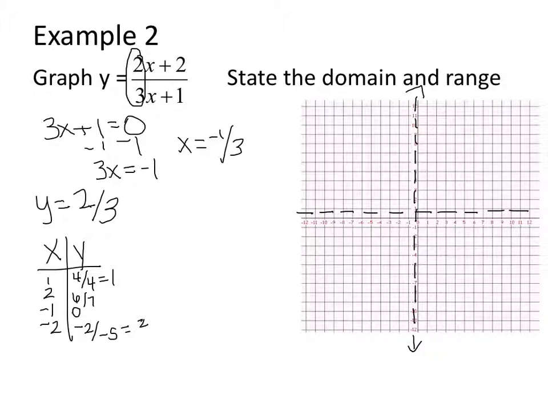Now we're going to graph those points. 1, 1 is barely above the asymptote. Then 2, 6/7 is right above the line, so it looks like this. It almost touches the line. Remember, it doesn't ever touch the asymptote, but it's really close. Then we have negative 1, 0.